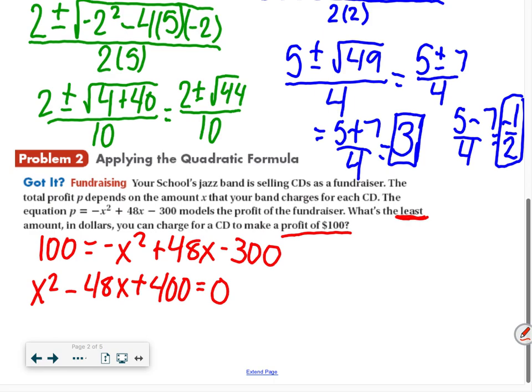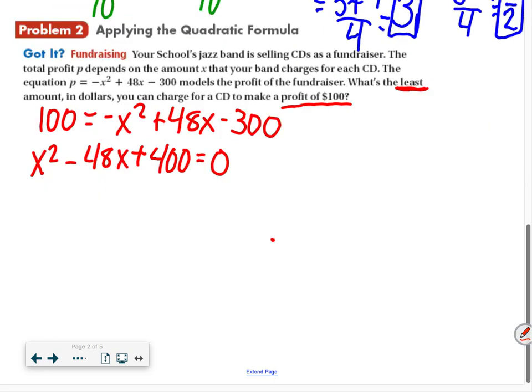From there, do I know my A, B, C? What's A? What's B? What's C? What's my next step?